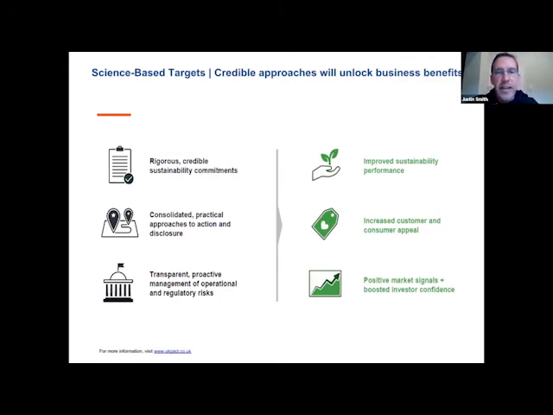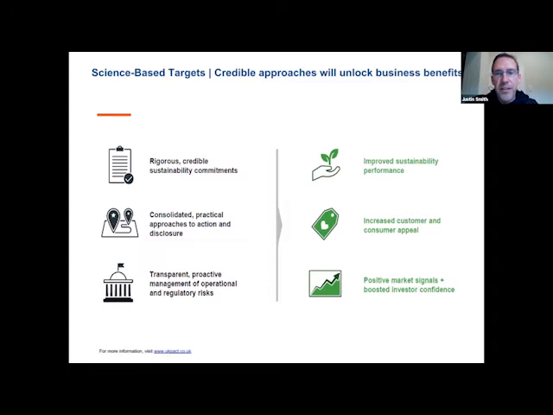I think what's really key in terms of the SBTI space is the idea of having rigorous, credible, and sustainability commitments. And that's where really the science base comes in, making sure that what you as an organization are committing to is very clearly aligned to what your government needs to be doing and what globally needs to be happening as well. Hopefully there's quite a transparent, proactive management of the risks that are involved around it.